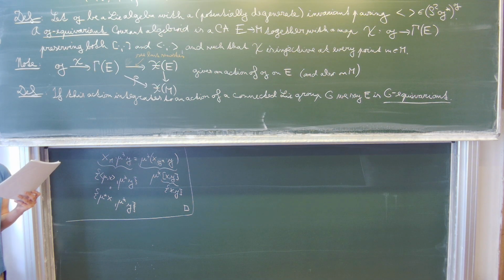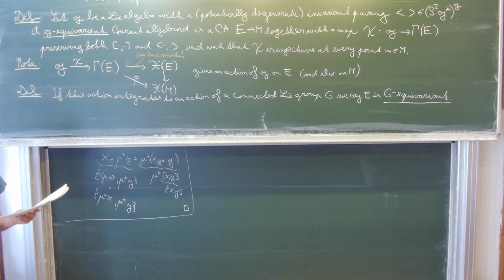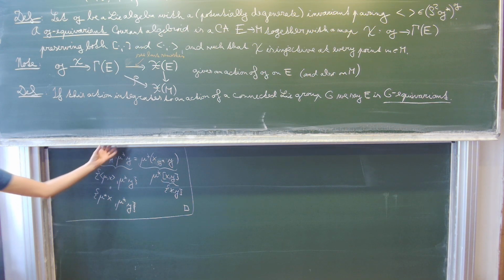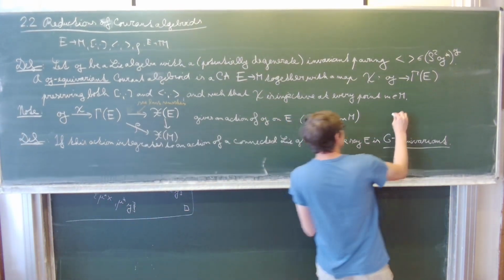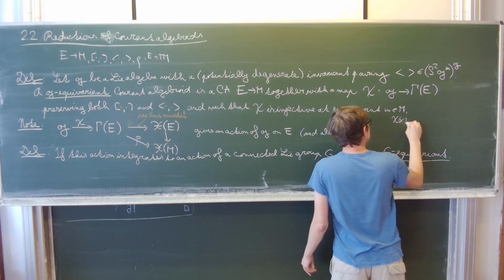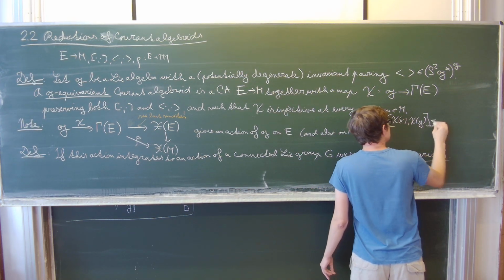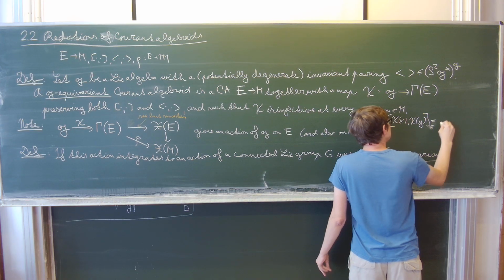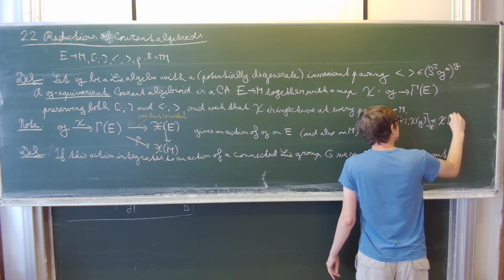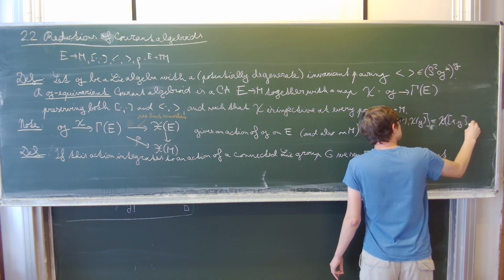Can you remind me? You need the bracket and also the pairing on G star. On what? You want this map chi to preserve, yes. This just means that if I take the bracket of chi of x and chi of y in E, it should be chi of the bracket of the first ones.